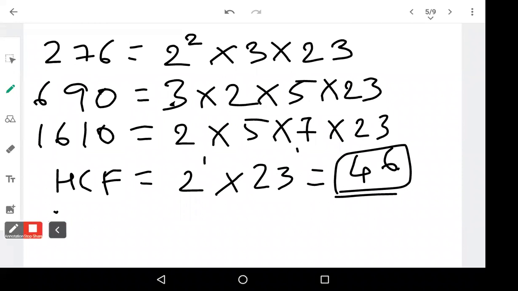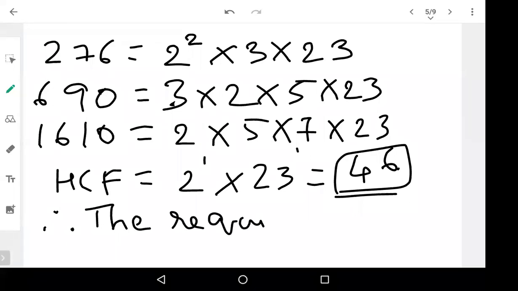Therefore, the required number is 46. Now in a statement problem, always write the final conclusion. That is how you will be able to say to the examiner or the evaluator, see, I have got the correct answer and this is the answer.